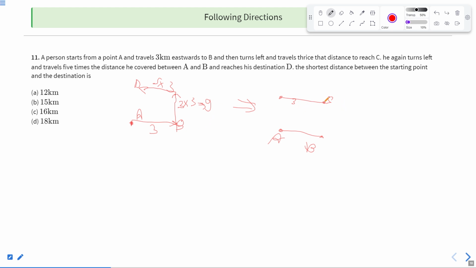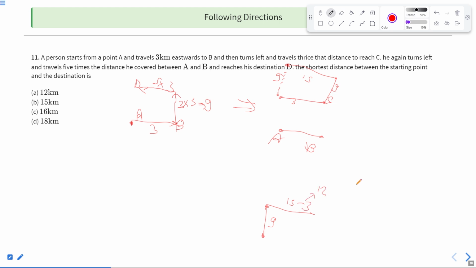We have one side of 3, another of 9, another of 15. The difference, so we have a height of 9. So this is 9. And this is 15 minus 3.